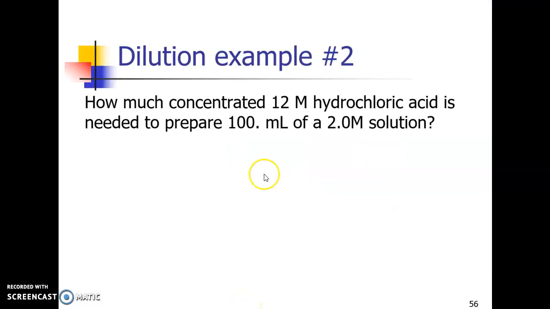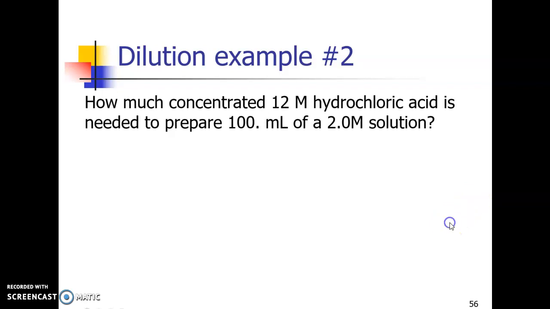Alright, here's a second dilution example. This is something that I've probably done more than once in getting ready for a lab, or certainly things very similar, maybe this exact calculation before. So how much concentrated 12 molar hydrochloric acid is needed to prepare 100 milliliters of a 2 molar solution?